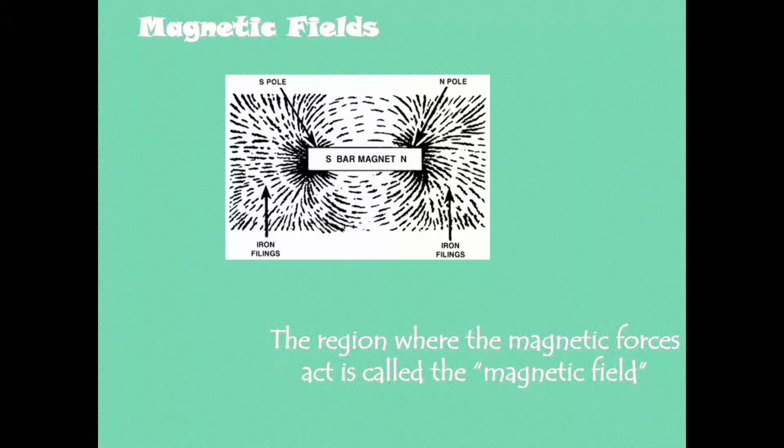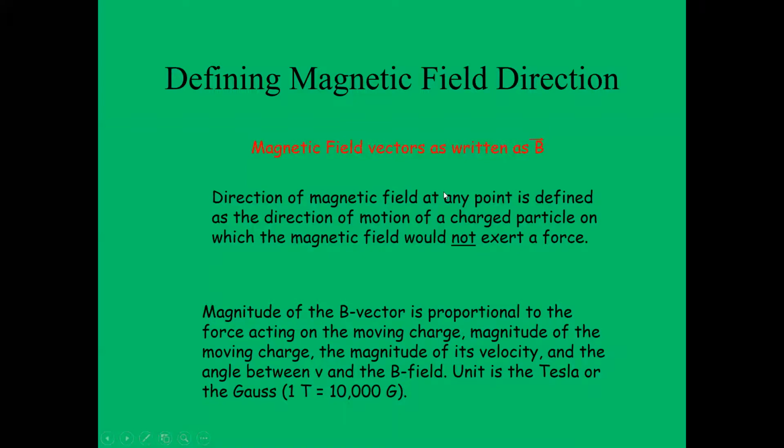The region where the magnetic forces act is called the magnetic field. All of the region in which you can see these magnetic field lines is known as the magnetic field. How can we define the magnetic field direction?